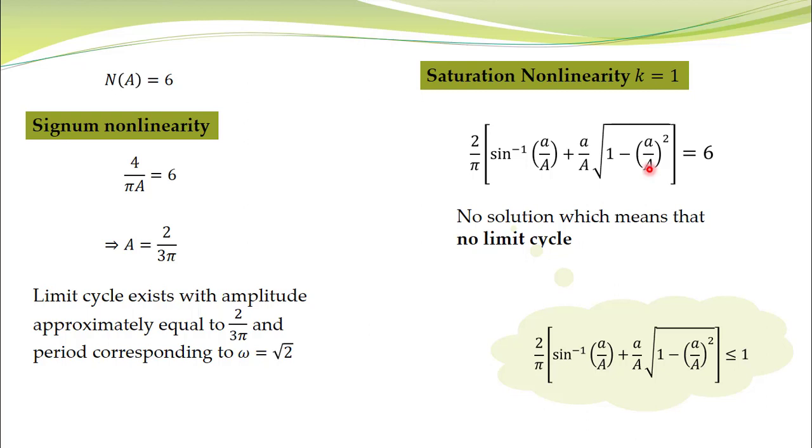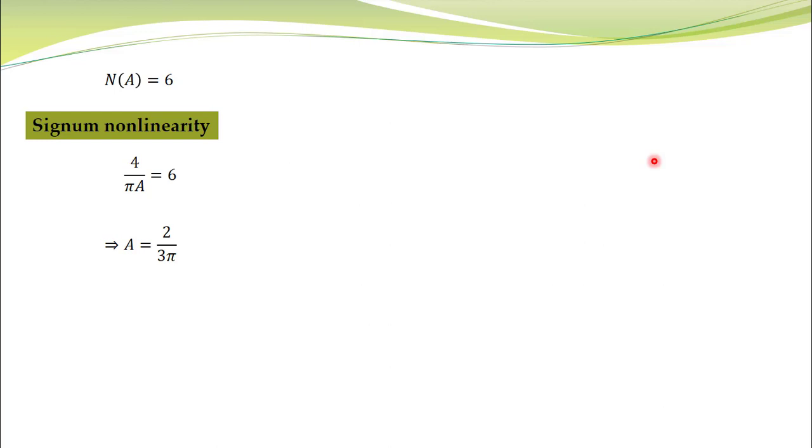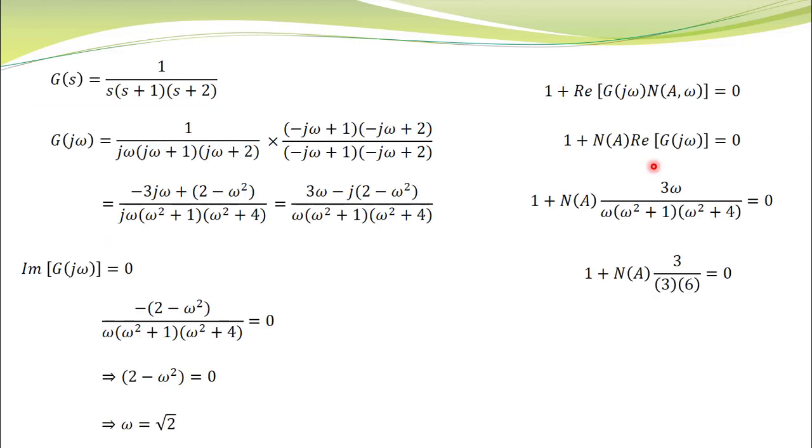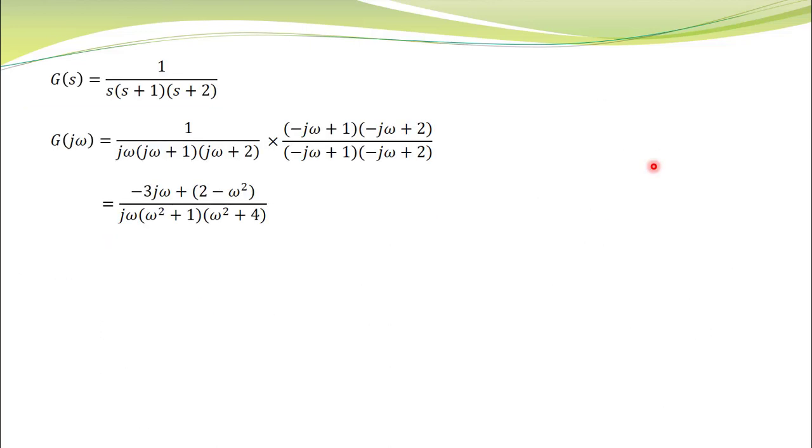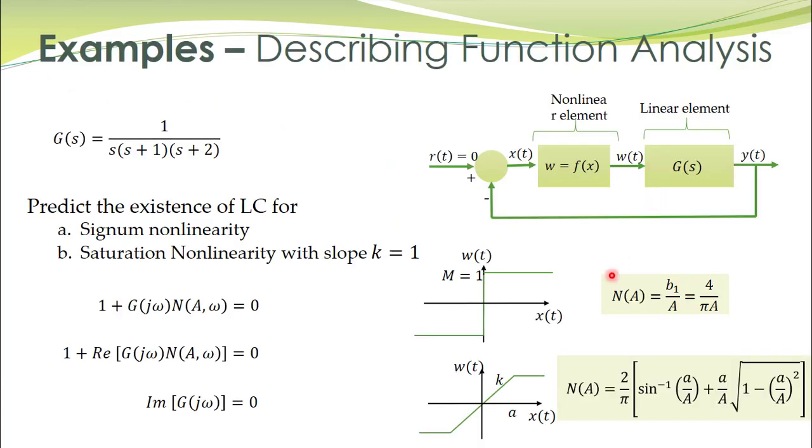Basically, what is the value of a? You remember this nonlinearity, saturation nonlinearity, that is given by this graph. Here is the saturation nonlinearity. What was capital A? This capital A, what is this capital A? This is the amplitude of the sinusoid. So this capital A is always greater than this small a.